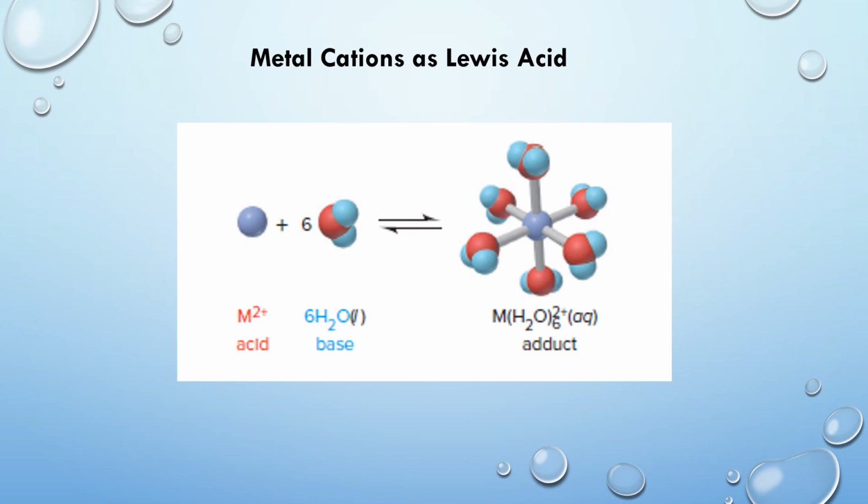Because the metal cation has a positive charge, it will attract the electrons from the water molecule, because you have lone pair electrons on the oxygen in the water molecules. Those electrons give this partial negative charge on this oxygen. They will be attracted by the positively charged metal cation, so they form this hydrated metal cation. Because in this case the metal accepts the lone pair electron from the water, this metal cation is the Lewis acid, and the water is the Lewis base.